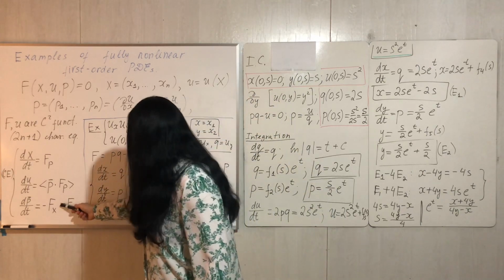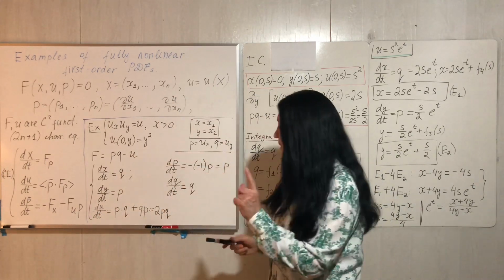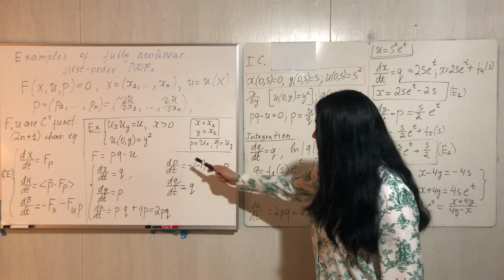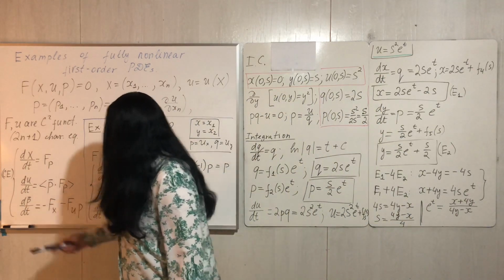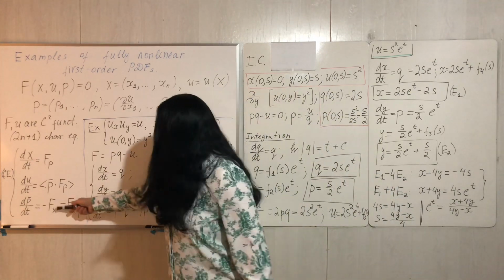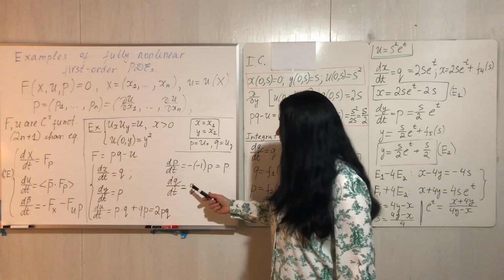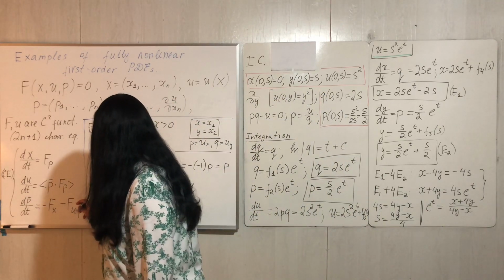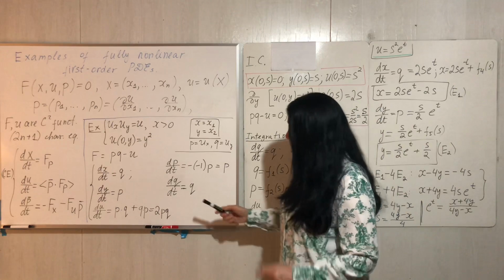And here we have negative, so we have -1 multiplied by p, the corresponding first component, and that would be dp/dt equals p. Then we do the same for the second component of this vector, that would be dq/dt. Again, with respect to x is 0, and with respect to u is -1, multiplied by the second component of the vector p, and we will have q.